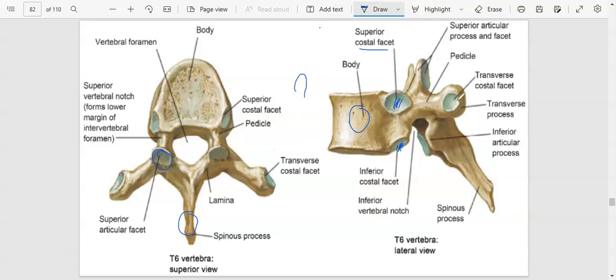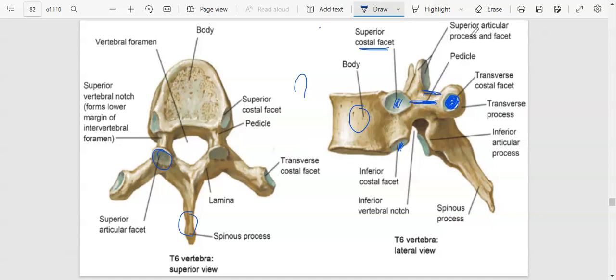Then you have a transverse costal facet. So the names are also important. This is where the head of the rib is going to attach. And then this region here, between these two facets, is called the pedicle.